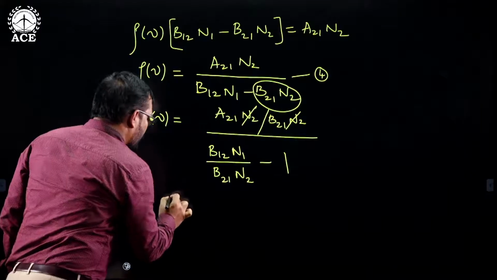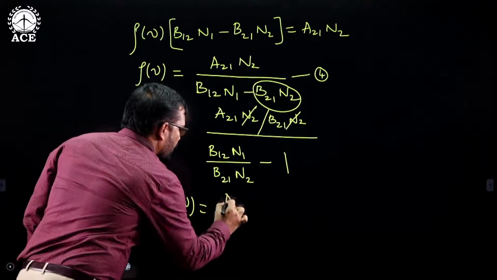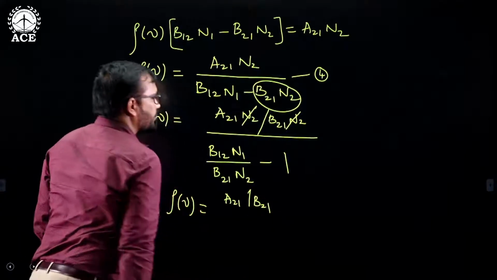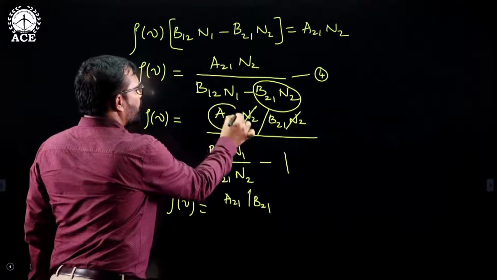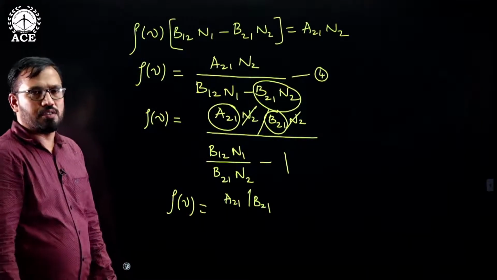Next, what is left out? Rho nu is equal to A21 by B21. Here you are left with A21 and B21 in the numerator.